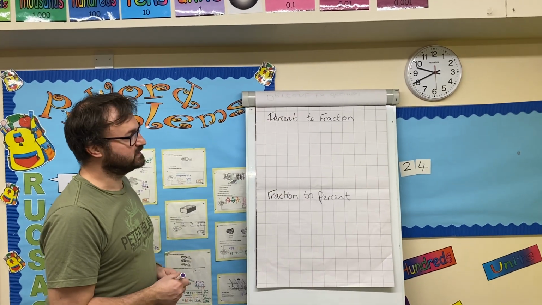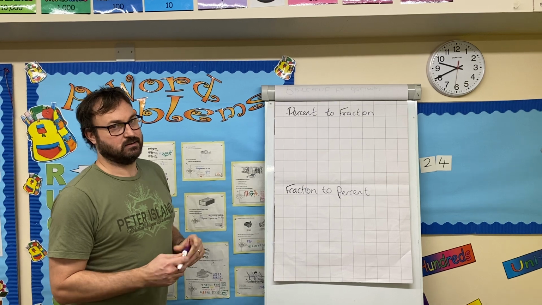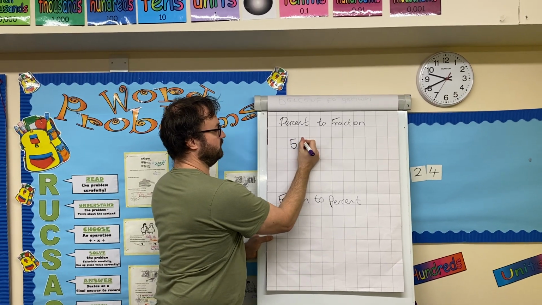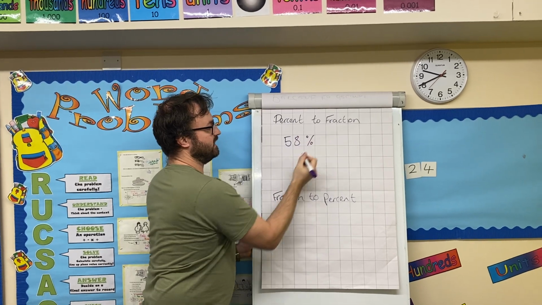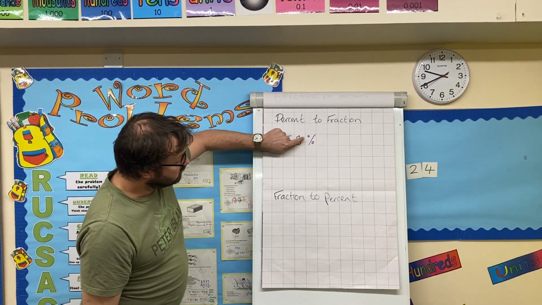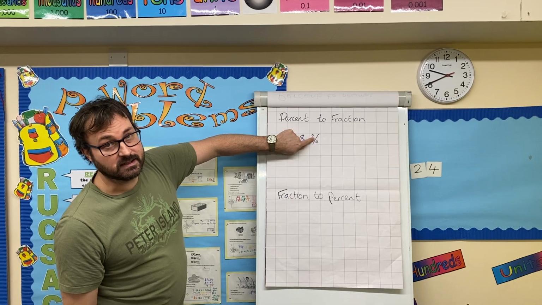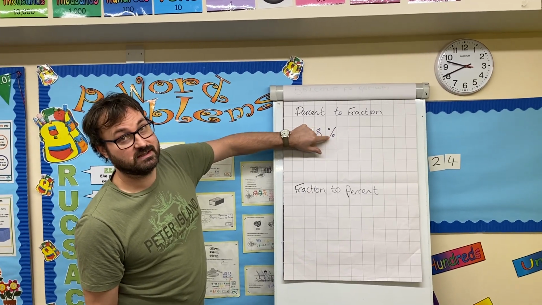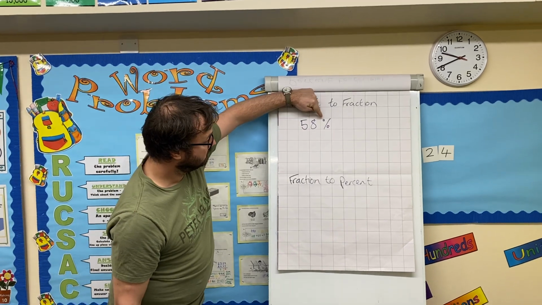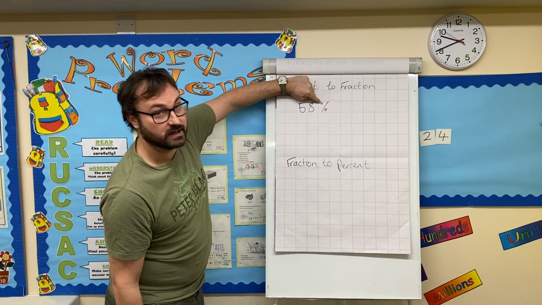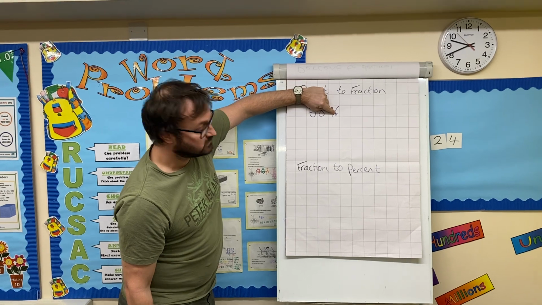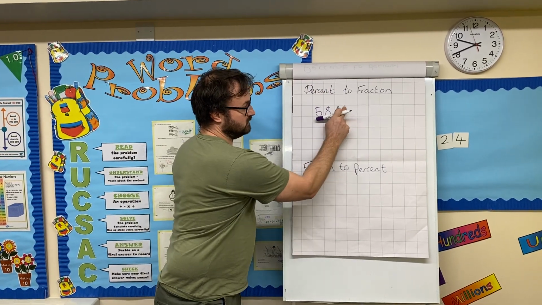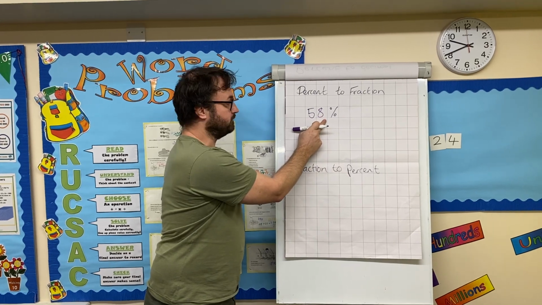This one, changing a percent to a fraction, is really straightforward. If we take the example of 58%, if you look at the percentage sign, it is actually a fraction tilted on its side. There's your numerator, there's your denominator, and here is your dividing line in between.